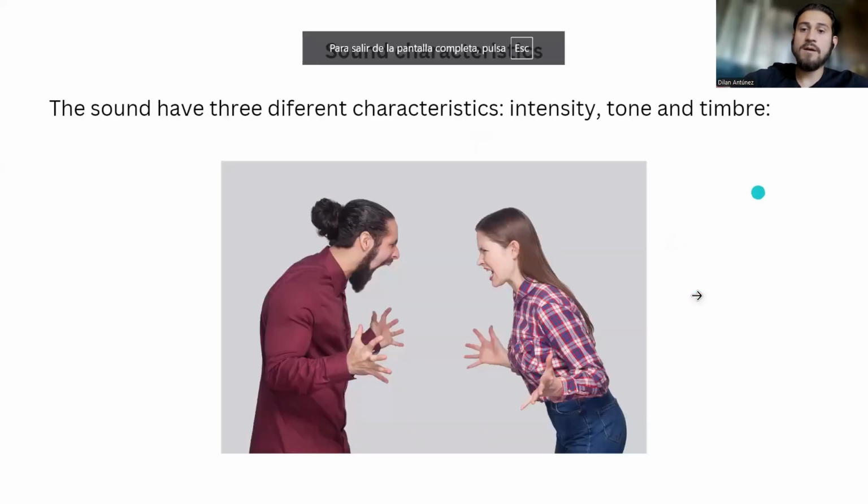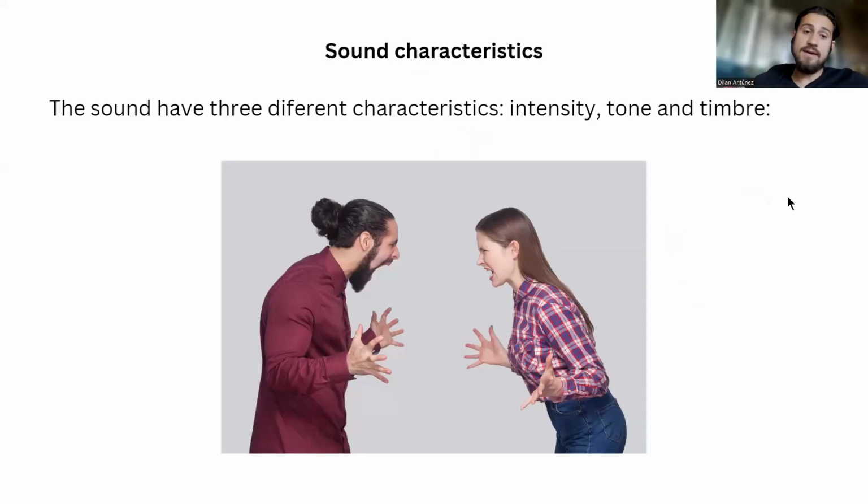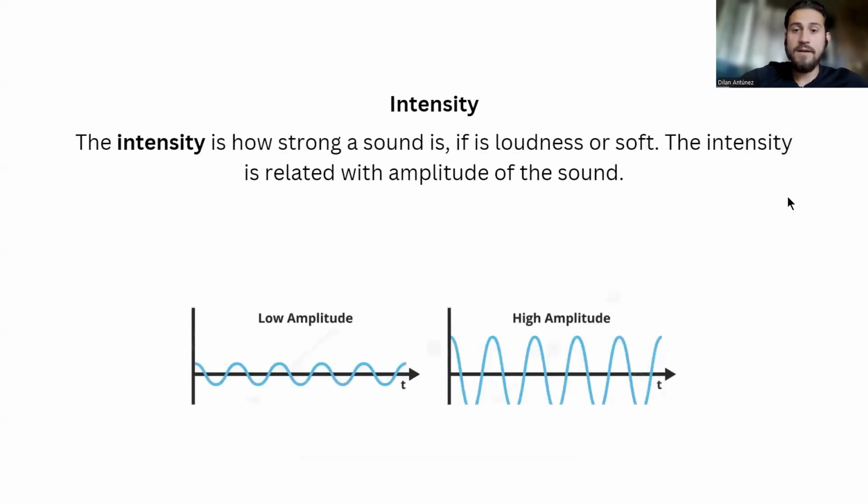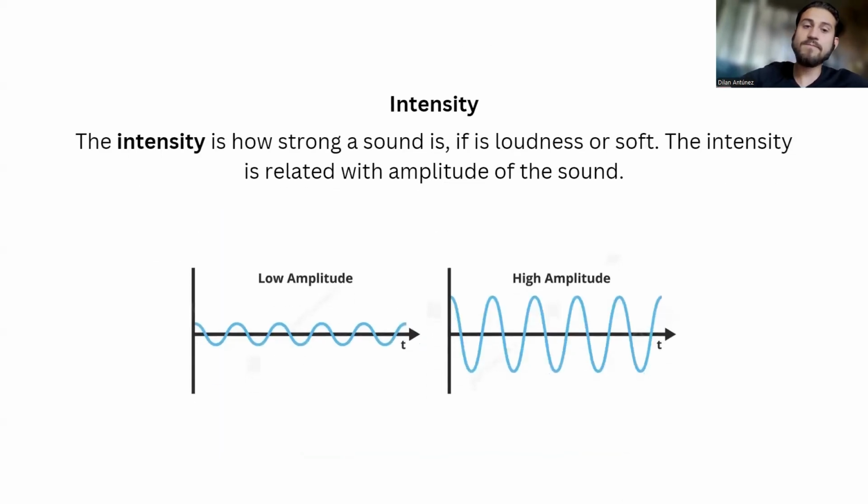With the sound characteristics. The sound has three different characteristics: the intensity, the tone, and the timbre. Here, the intensity. The intensity of the sound is how high or low the sound will be perceived.